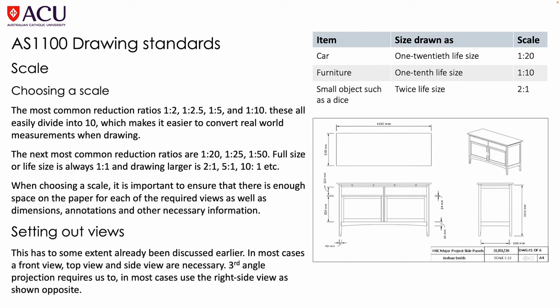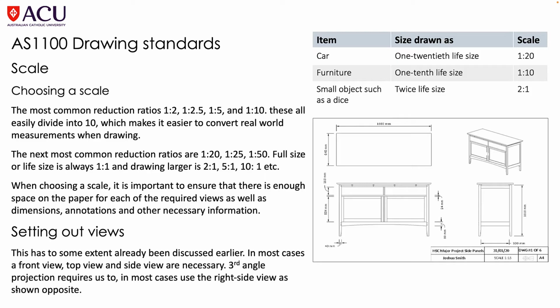Even though it's not a common scale, it is one that is easily divided into 10. They've done that because they wanted to get the right balance of their project on the page, but still leave enough space for annotations and dimensions.